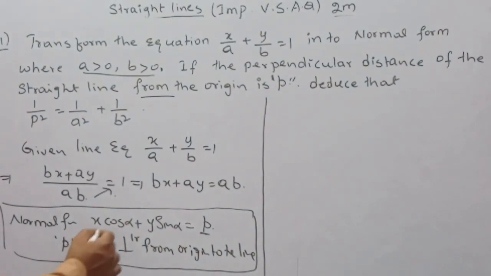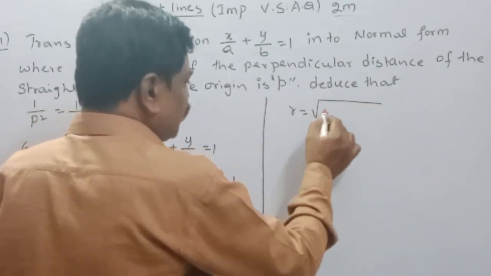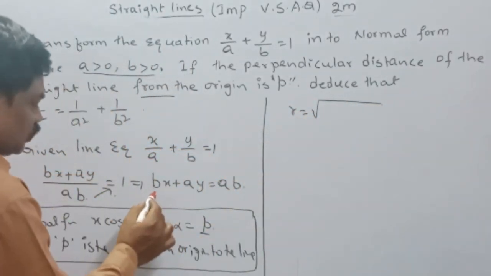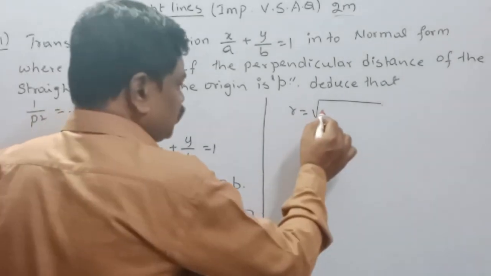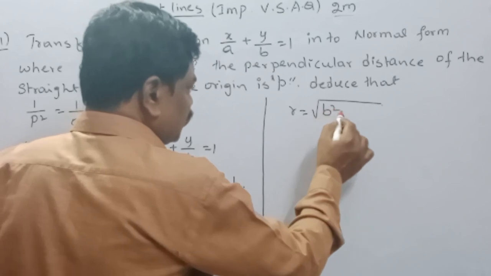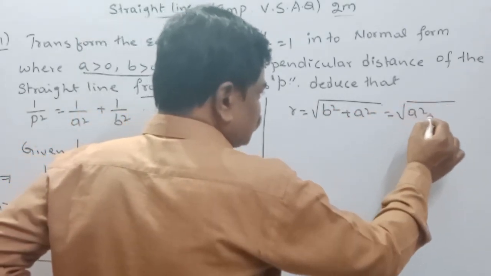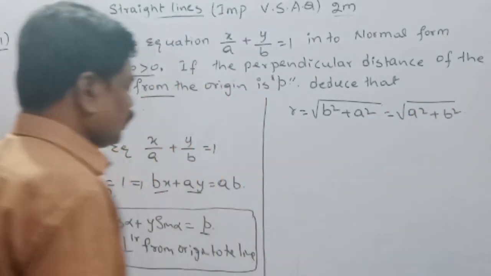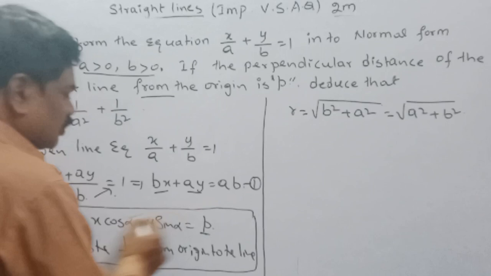Okay, all of you. Here, before that, you find r. r is equal to root over x coefficient whole square plus y coefficient whole square. That is b square plus a square, which can be written as a square plus b square. You can divide this equation by r.